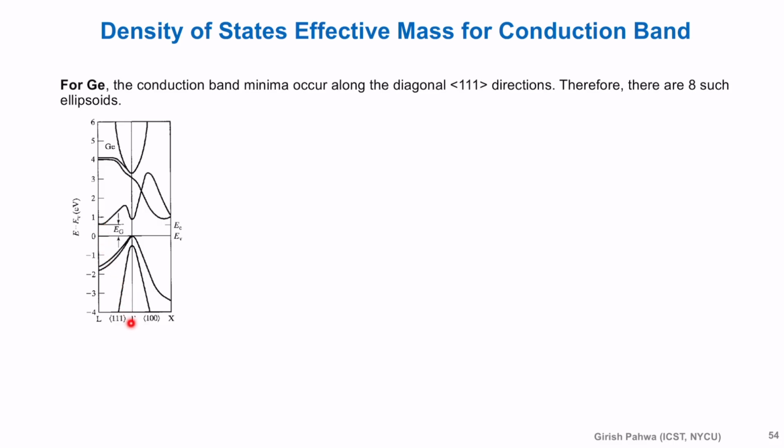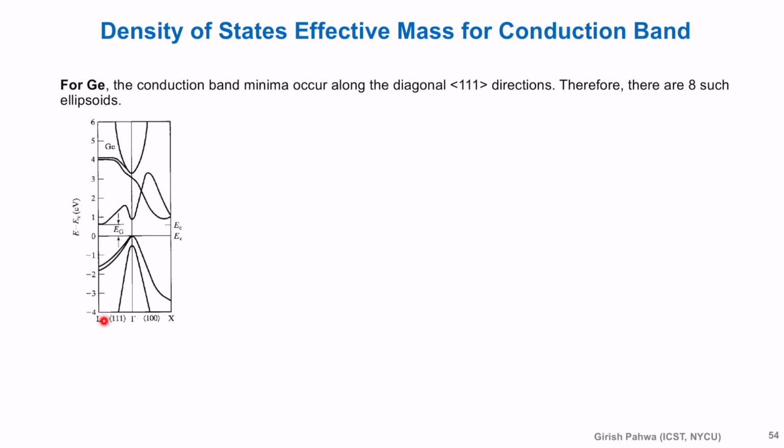Now it is at the boundary of L. So at the L boundary you have this point, exactly at the boundary. When you go from gamma to L, you are touching the surface of the Brillouin zone, and at the surface of the Brillouin zone you have this minimum energy point.